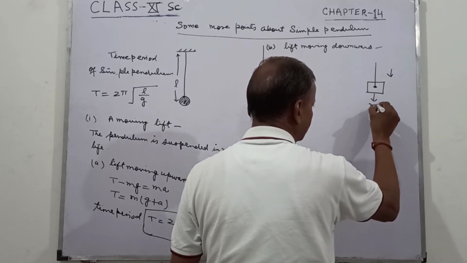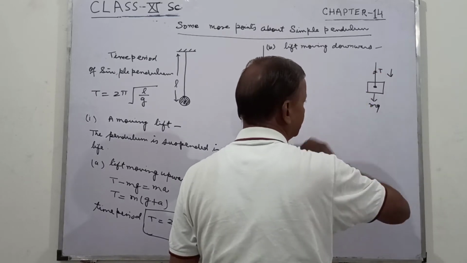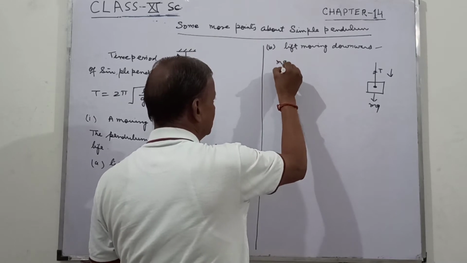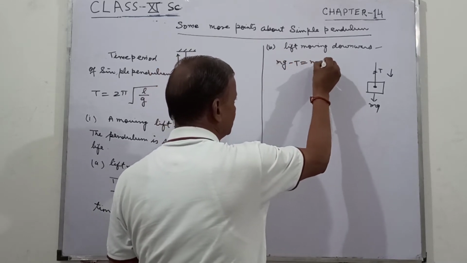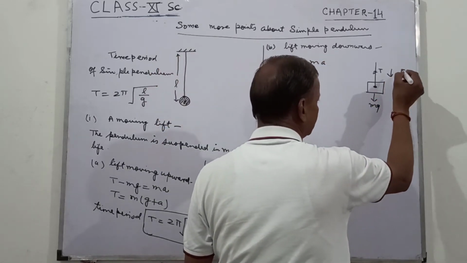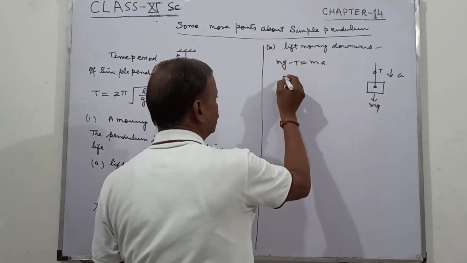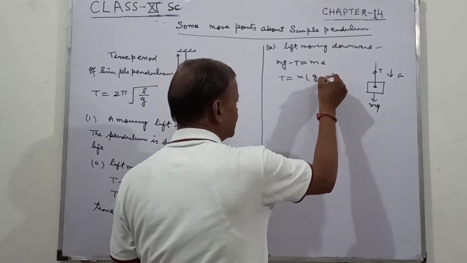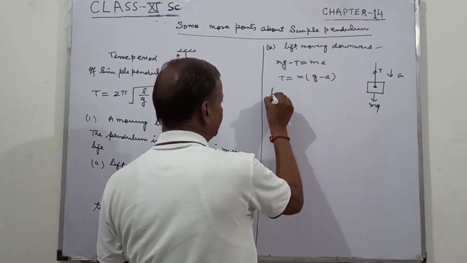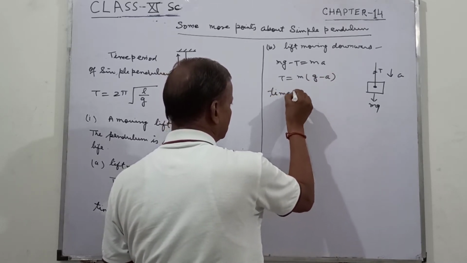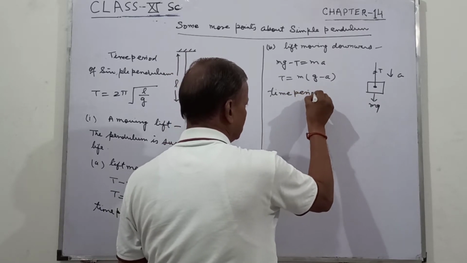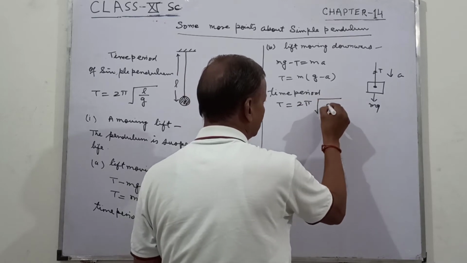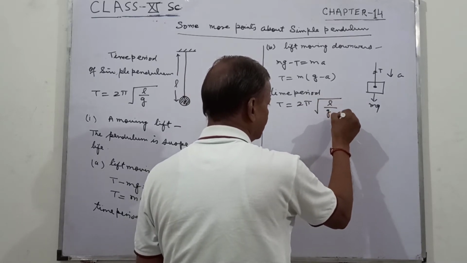Its weight is mg and this is now tension T. So moving downward, mg minus T equal to ma. The acceleration will be downward. So T equal to mg minus a. So the time period T equal to 2 pi square root of L upon g minus a.